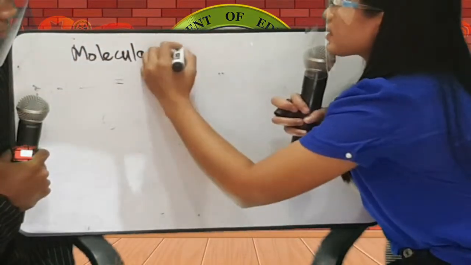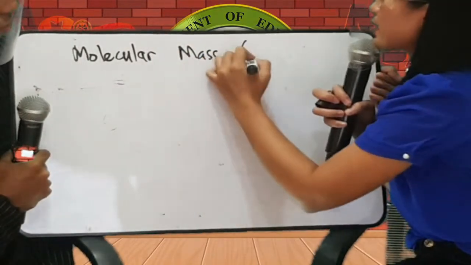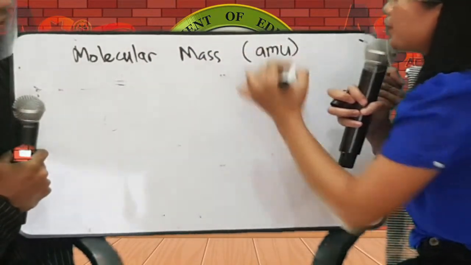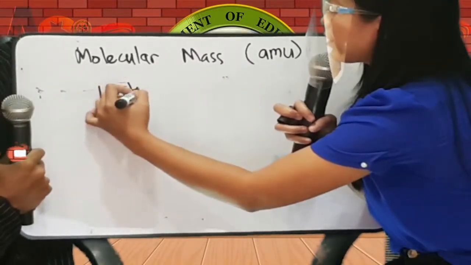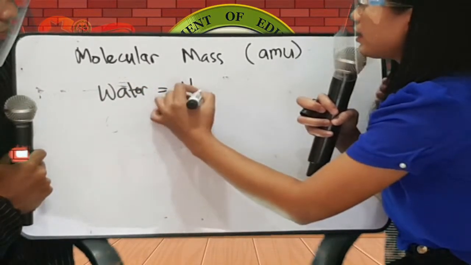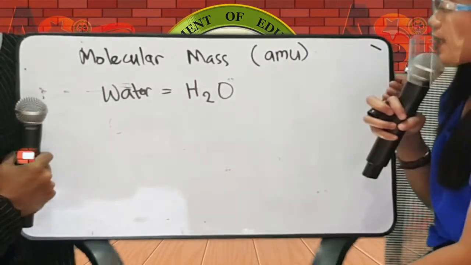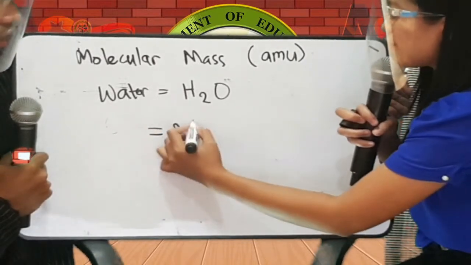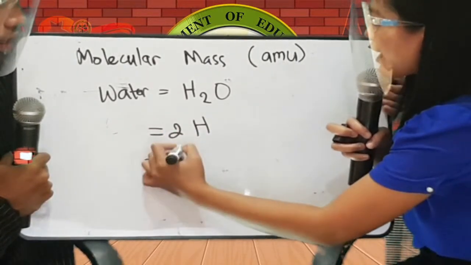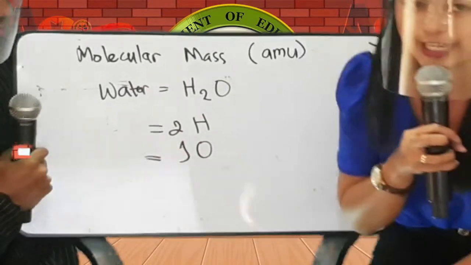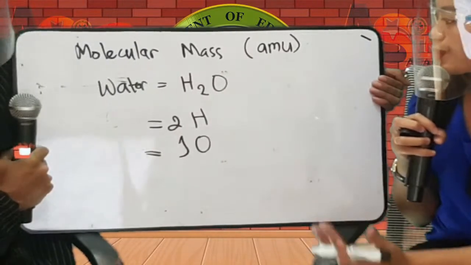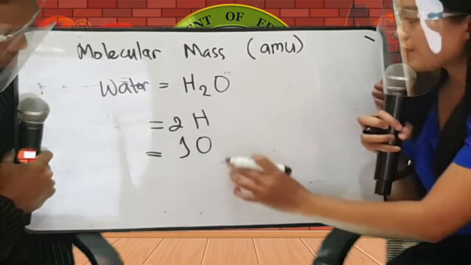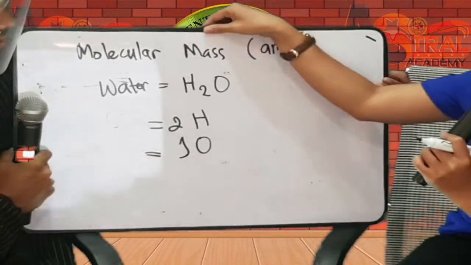Again, the unit for molecular mass is still expressed in AMU. The chemical formula for water is H2O, meaning there are 2 atoms of hydrogen and 1 atom of oxygen. Now, in order to get the molecular mass of water, we need to consider the atomic mass of its constituent elements.